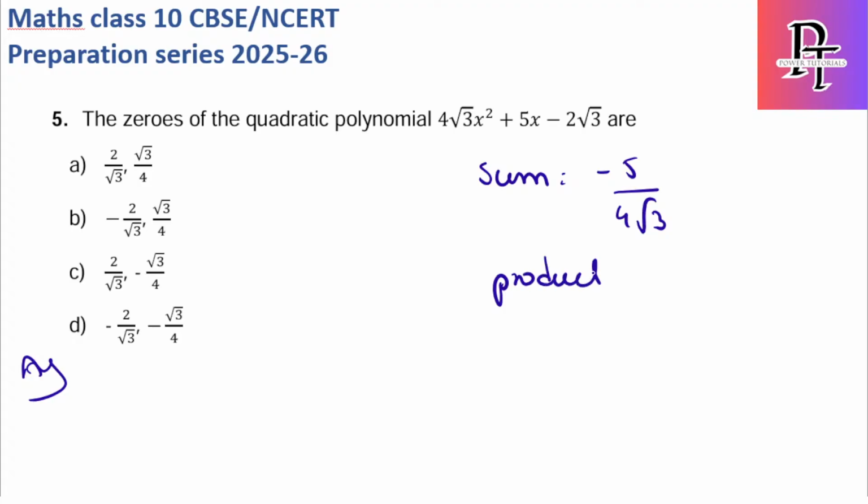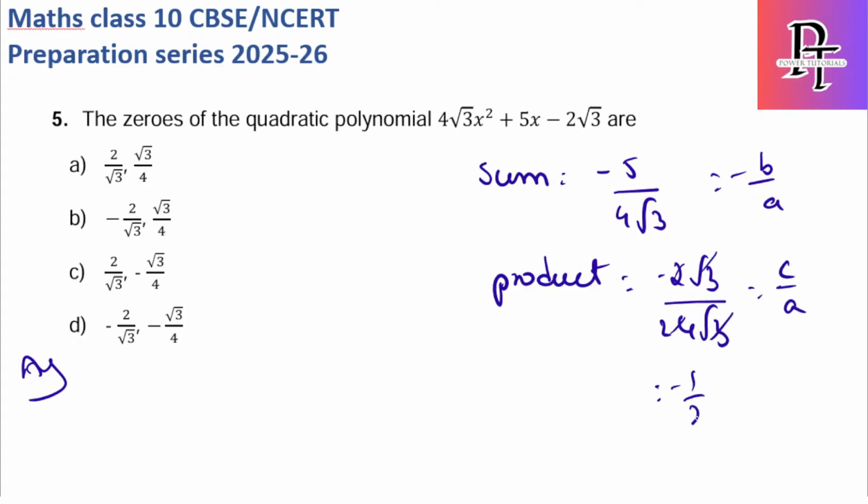Product of zeros is c by a, which is minus 2 root 3 by 4 root 3. So root 3 and root 3 cancel, 2 ones are 2. So the product of zeros should be minus 1 by 2. Let's see which option has product of zeros minus 1 by 2. Here it is not possible. Here, root 3 by 4 by minus 2 by root 3. So 3 goes to the top.